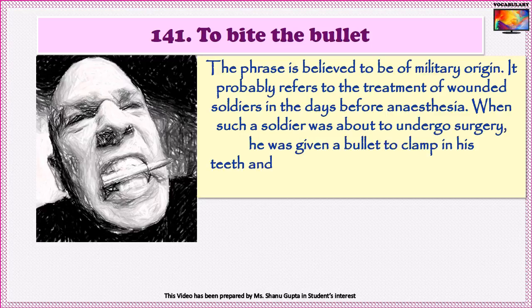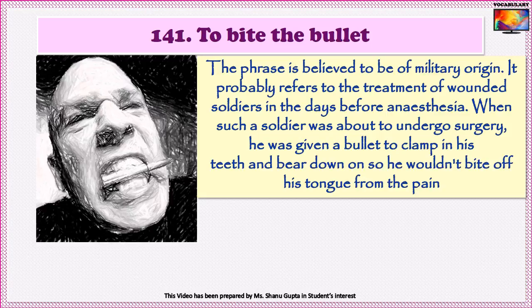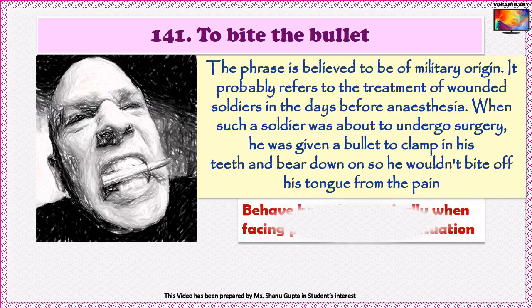When such a soldier was about to undergo surgery, he was given a bullet to clamp in his teeth and bear down on so that he wouldn't bite off his tongue from the pain. So to bite the bullet means to behave bravely or stoically when facing pain or a difficult situation.